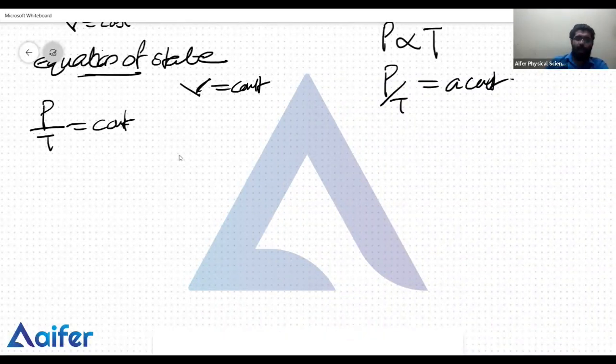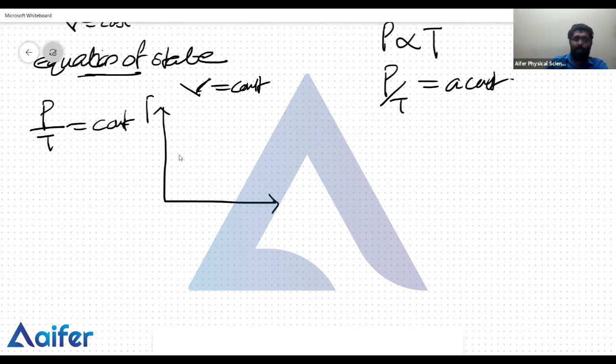If you plot pressure against temperature, P equal to a constant into T, therefore this will be again a straight line. We can extrapolate it to the origin; that depends on what your constant is.